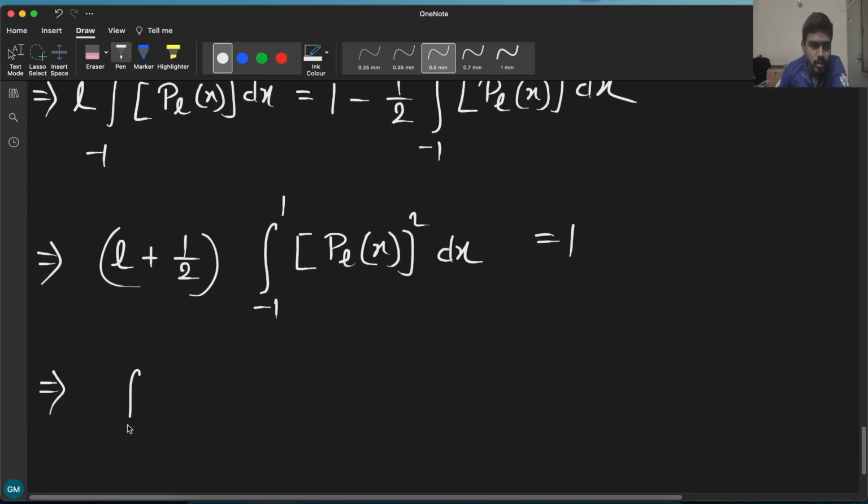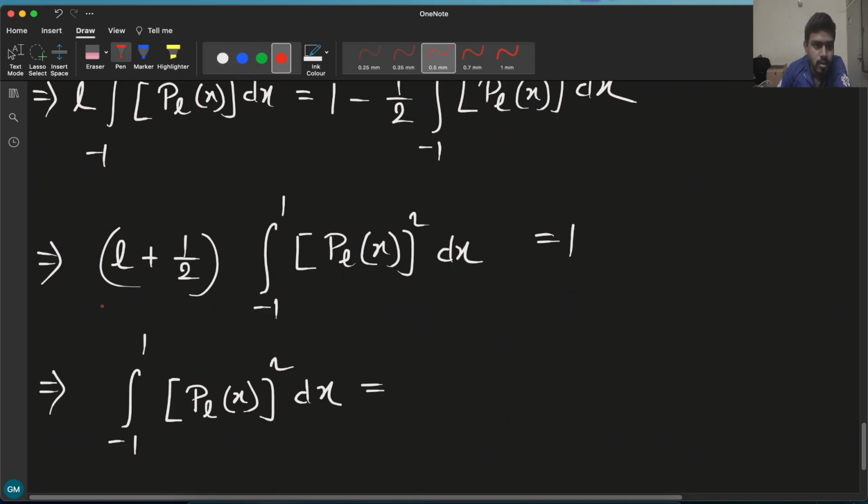Which implies the integral from minus 1 to 1 of P_l(x) whole square dx equals, this L plus half can be written as 2L plus 1 by 2, and taking it to the right hand side, it will be 2 by 2L plus 1.